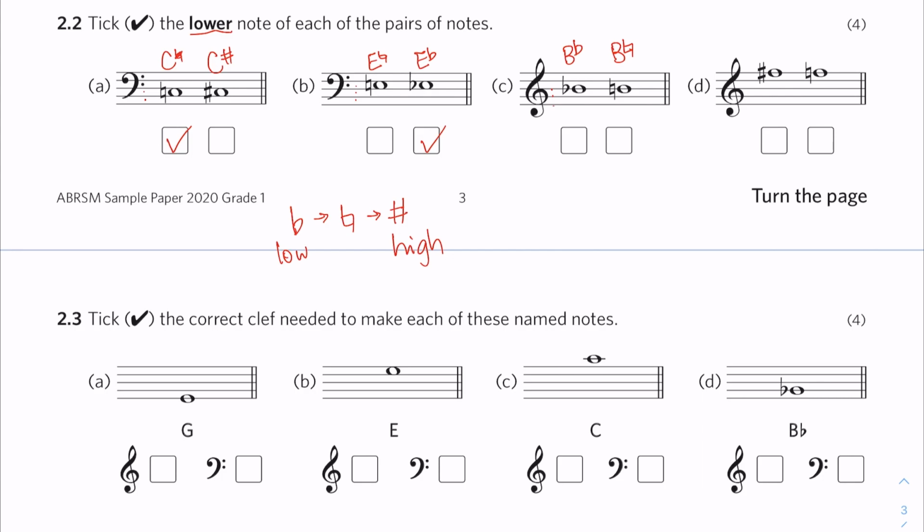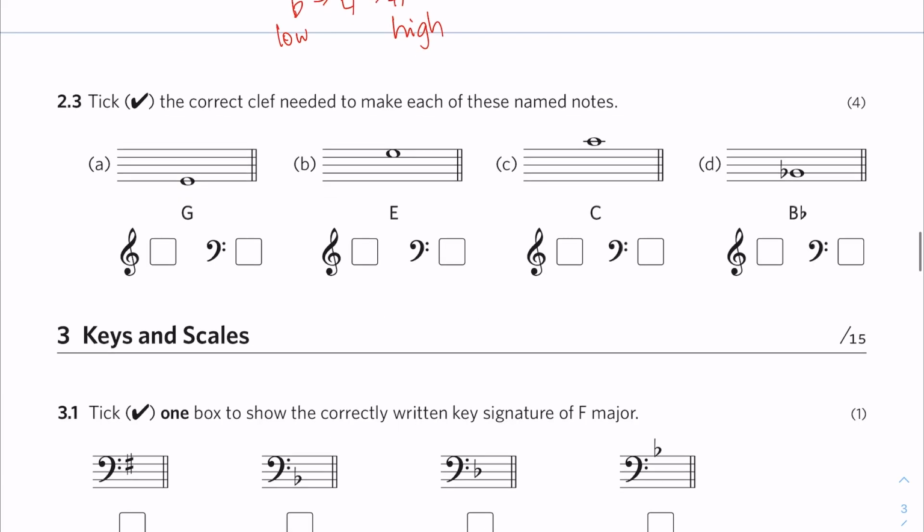Flat is lower than natural, so the answer is B flat. Finally, for D, I've got Every Good Boy Deserves Fudge, so F sharp and F natural. Now, which one is lower? Natural is lower than sharp, so the answer is F natural here.